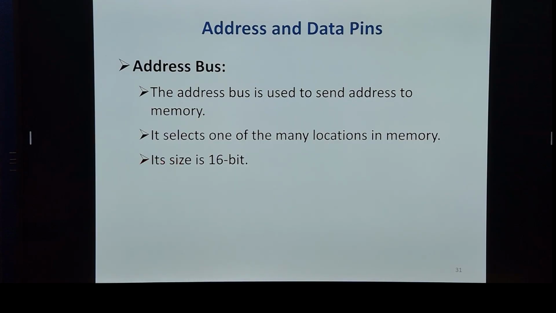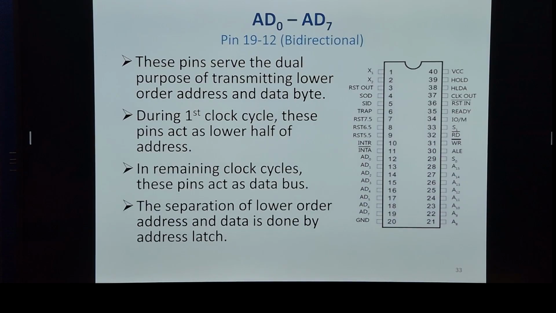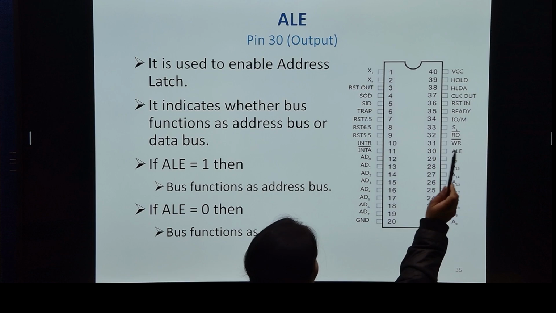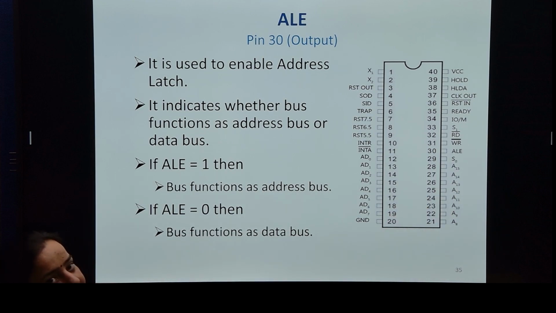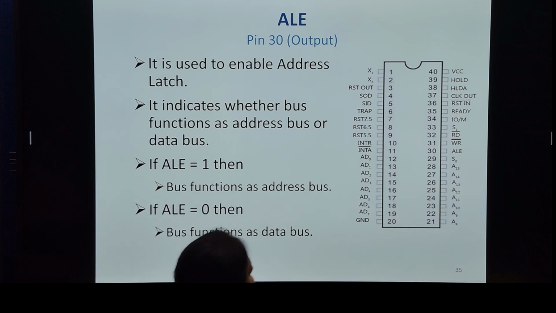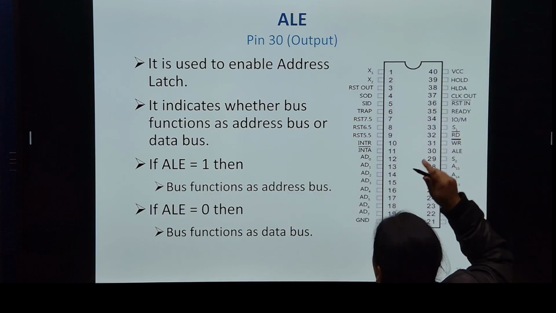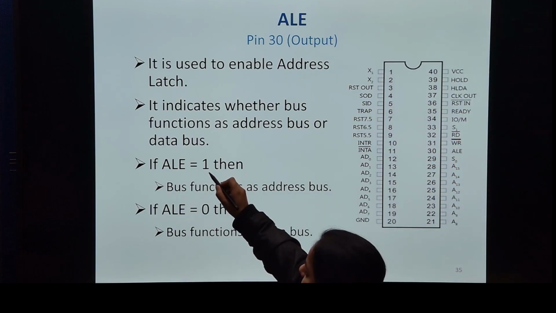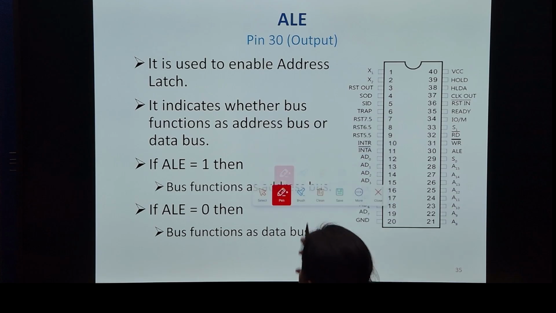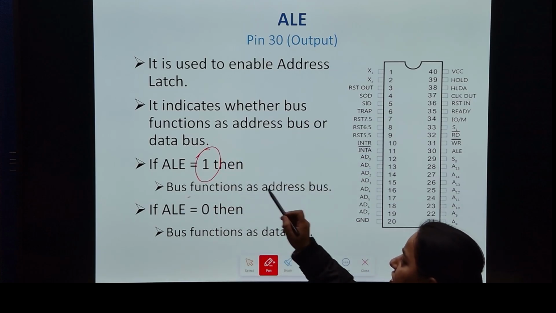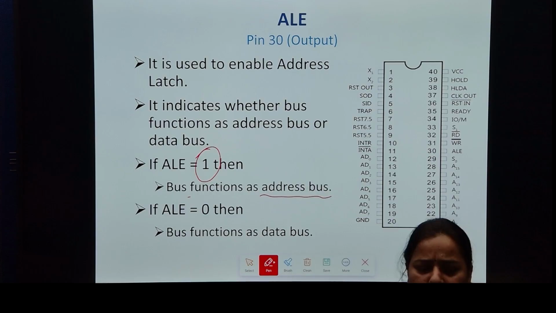So let's see that. What is the ALE signal? This is pin number 30. Pin number 30 is ALE. ALE stands for address latch enable. Whenever the ALE signal is 1, the bus functions as address lines or address bus.